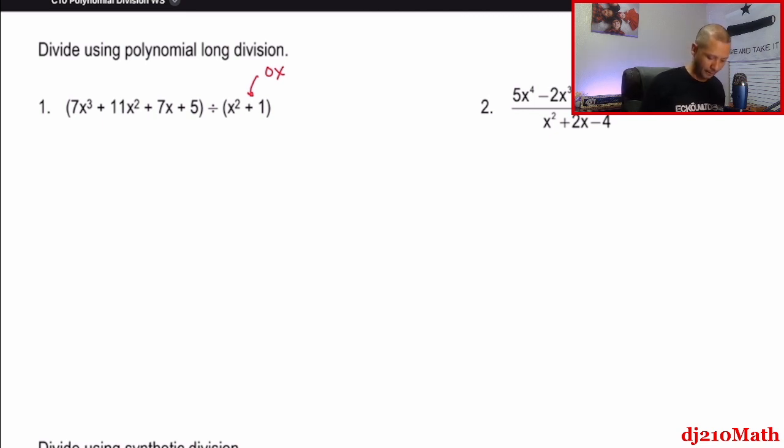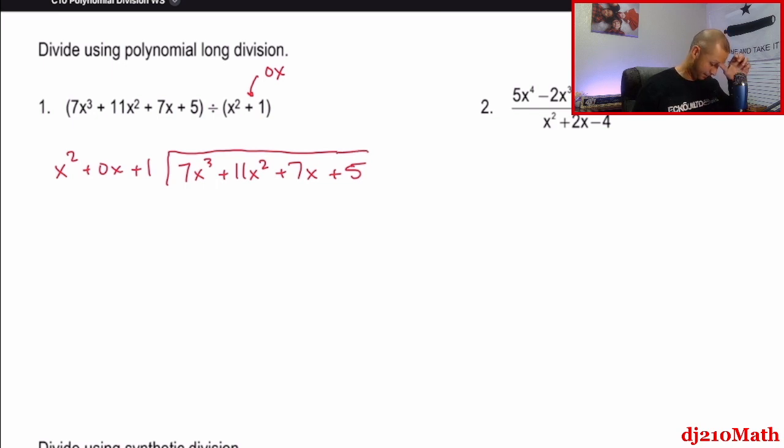So this is going to be x squared plus 0x plus 1 outside, right? And inside, the dividend is going to be 7x cubed plus 11x squared plus 7x plus 5.